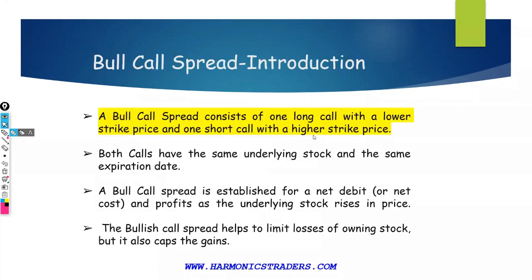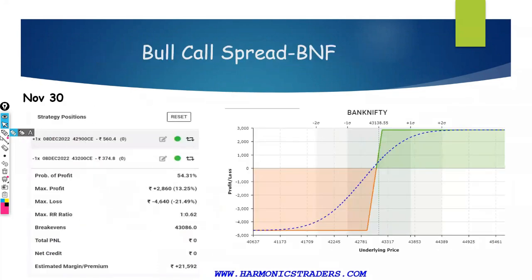Bull call spread. So this is again a similar one. What we are doing is buying a CE and selling an out of money CE. So this could be at the money or ITM, and the difference is the debit. Again, if you just see here, the risk reward is not that good, right? 2,800, 4,600.